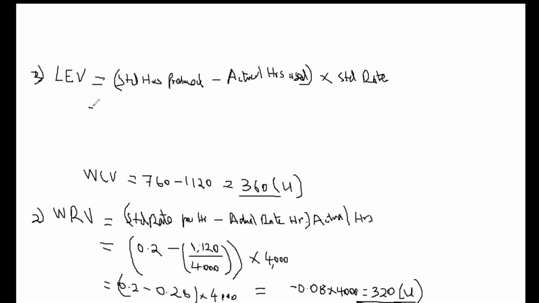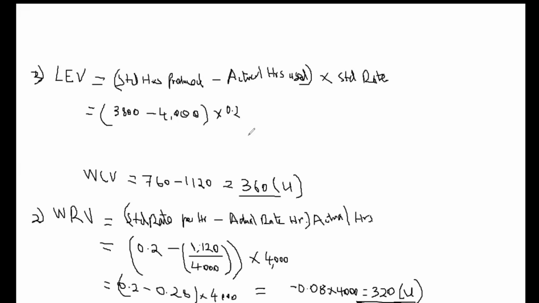So our standard hours, we saw there were 3,800. Our actual hours were 4,000. Then times standard rate, which is 0.2. So you open the bracket first.